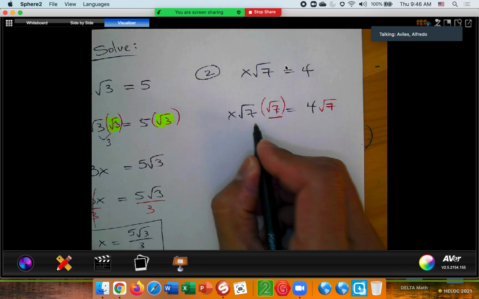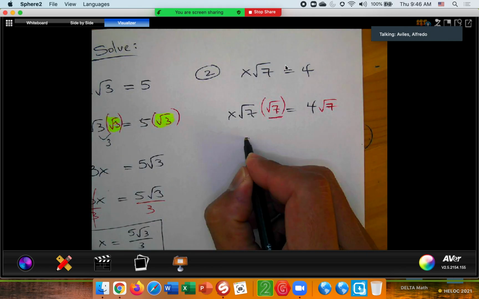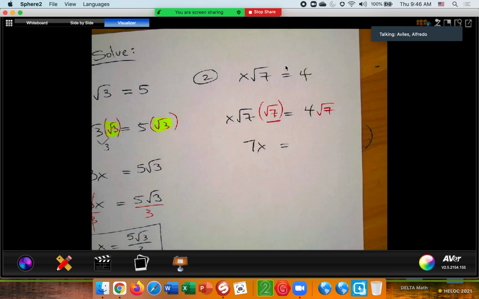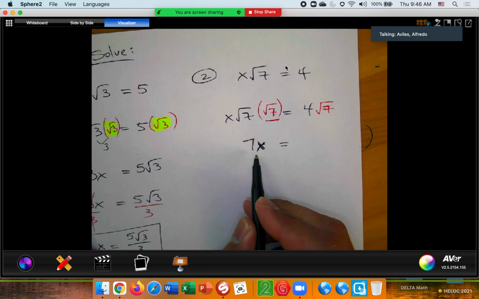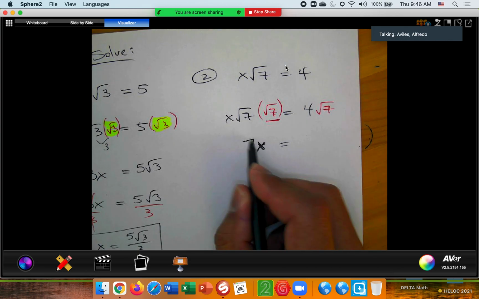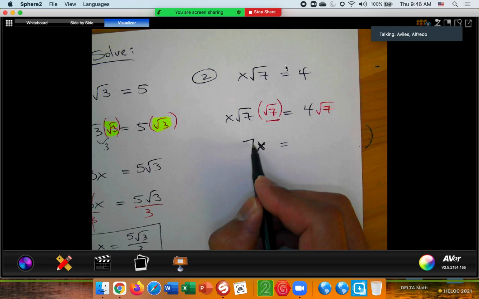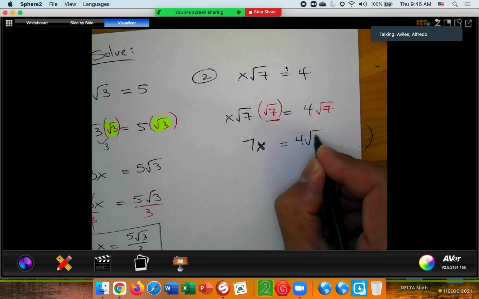Isn't this going to be a 7 and then 7 times x? I'll get 7x. Yes, that's why you're doing it. You're doing it so that you get a whole number and then you'll easily be able to multiply by a whole number. I'm sorry, not multiply, divide. This will give me 7x. 7x equals 4 root 7.